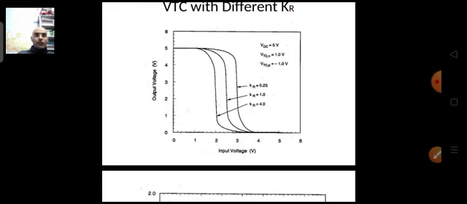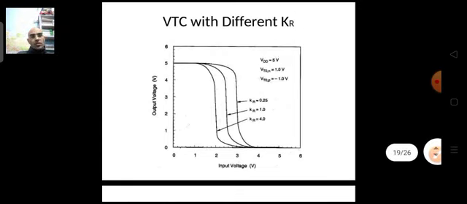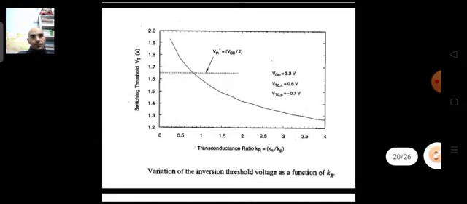Whereas if the W/L of NMOS is smaller than the W/L of PMOS, then your Kr will be less, let's say 0.25, and the characteristics will shift towards the other side. This is the difference between the two. So this is how your VTC shifts with change in Kr.